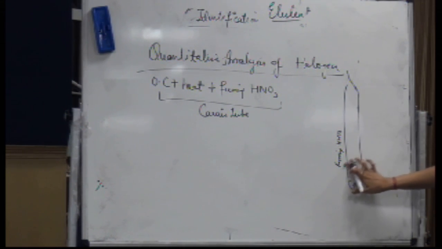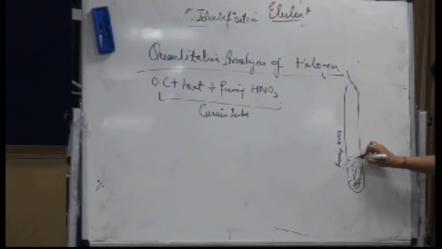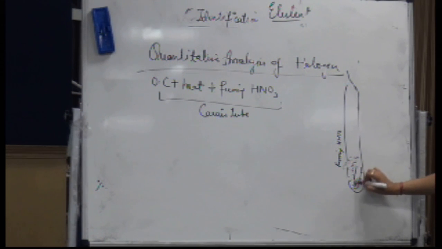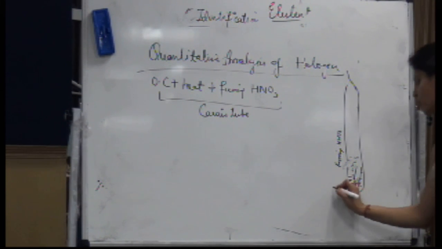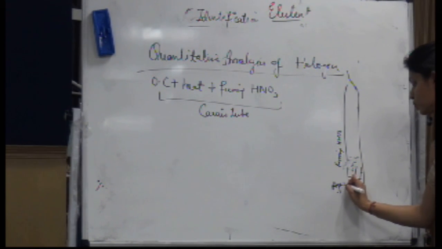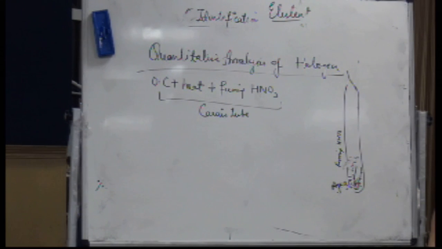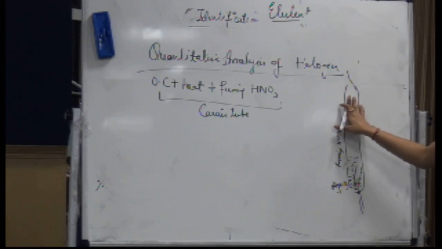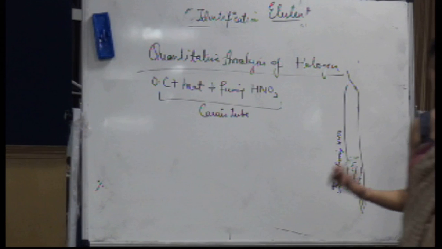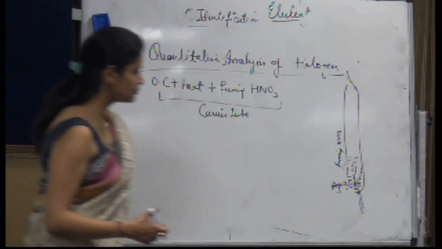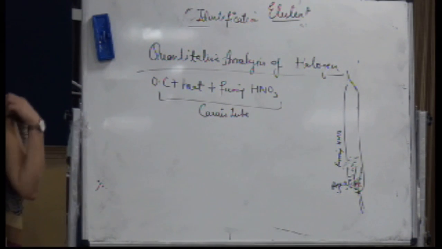These are fumes. The fumes will travel through the tube, and on the outside of the tube you have AgNO3, right? And this is how you start heating it. This is sealed because we do not want the halogen or any other gas to escape. Sealed, बंद होती है.